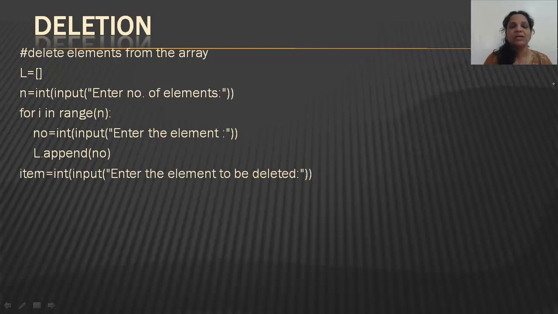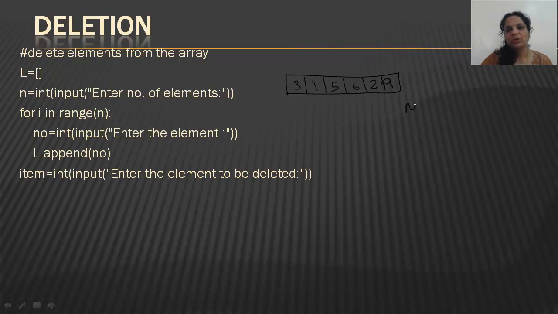Then I'm asking the user the element that he wants to delete. Let me just tell you the regular logic of what would have happened. So this is 3, this is 1, this is 5, this is 6, this is 2, and let's say this is 9.